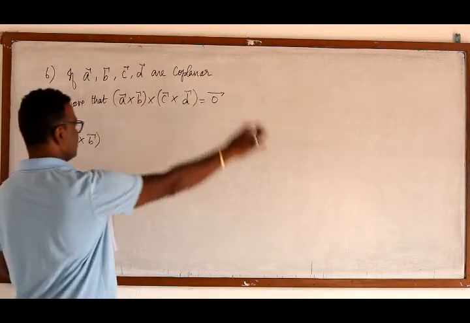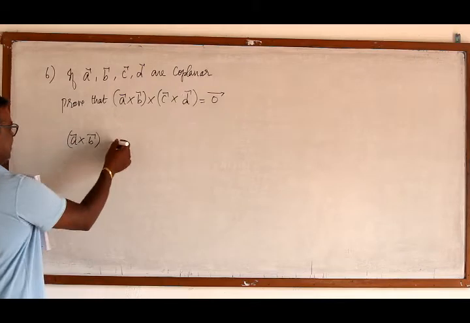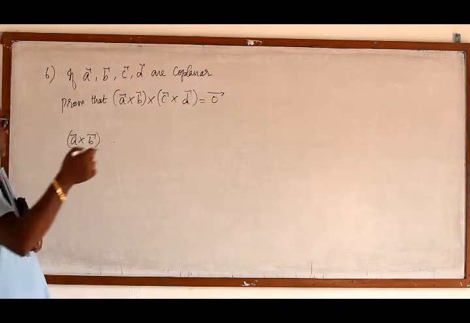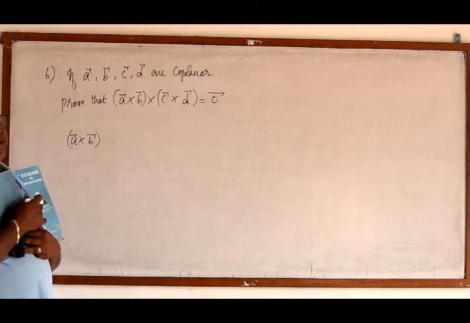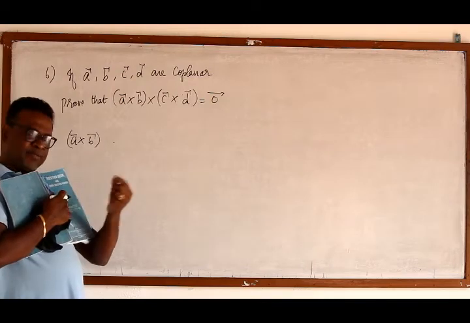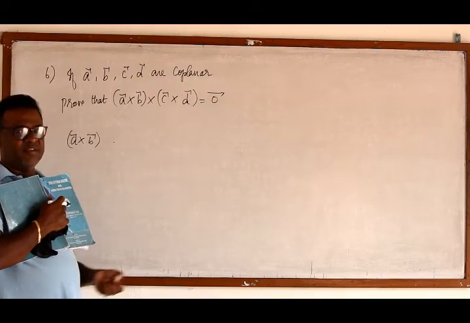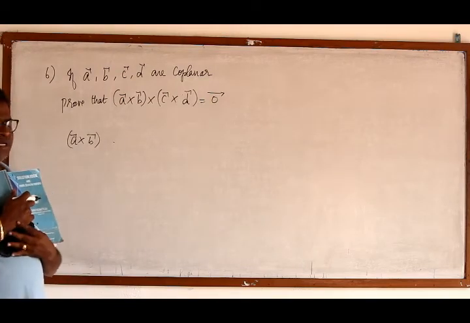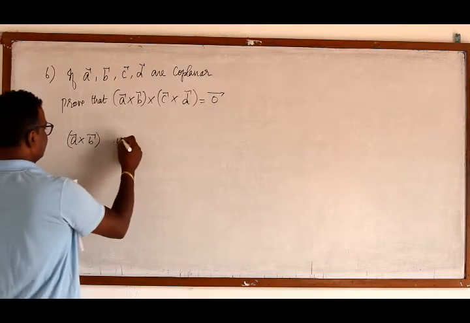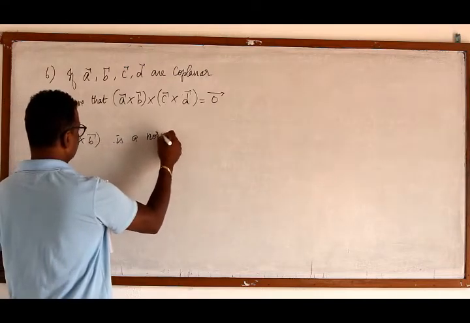Suppose if this board is a plane, then this A cross B will be acting perpendicular to this board. That means whenever any vector acts perpendicularly to a plane, then we say that is a normal vector. So A cross B is a normal vector.